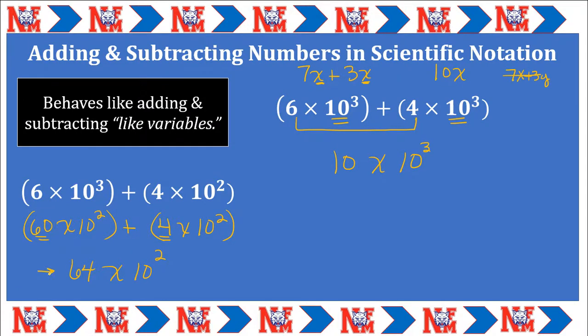Before we move on, we need to make sure that this coefficient is between 1 and up to 10, but not greater than 10. So we're going to have to adjust it here. I'm going to go from 64 to 6.4 times. I went down in value, so I must go up in value with my power. So it's going to be 10 to the third power.